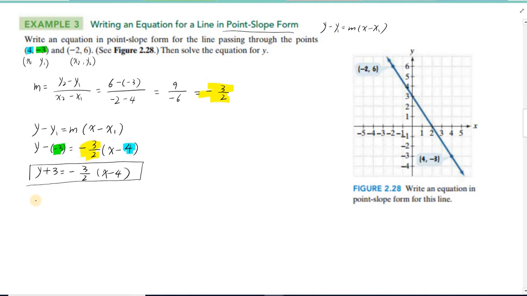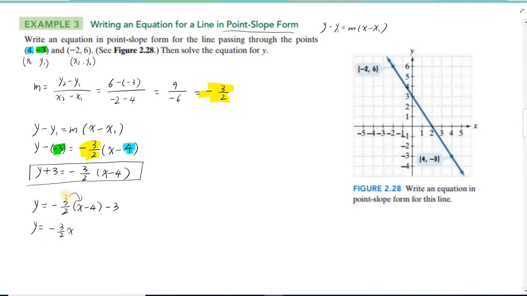Once we have this, they want you again to solve the equation for y. I'm just going to move this 3 to the other side. That will be subtract 3. I'm going to have y equal to negative 3 over 2 times x minus 4, and then subtract 3 on both sides. Of course, you can do this distribution first if you prefer. It really doesn't matter. So that will be y equal to negative 3 over 2x.